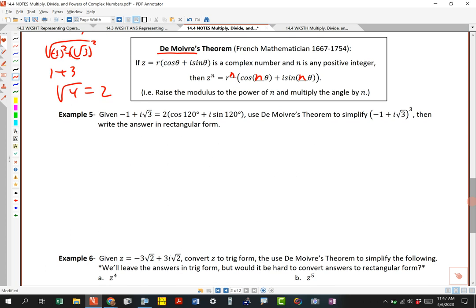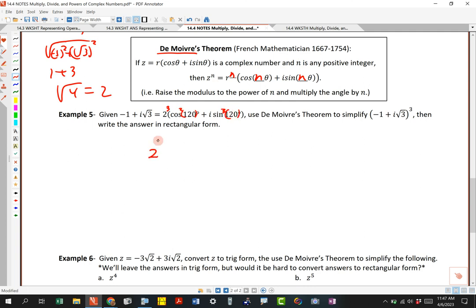So here's the cool part about this. This is the problem that we did on the front, but we're going to verify that the answer is 8. Remember, it turned out to be 8. We're going to verify the answer is 8 by using de Moivre's theorem. So de Moivre's theorem says this. If we're going to take this and raise it to the third power, we're going to raise that to the third, and we're going to multiply the angle by 3.